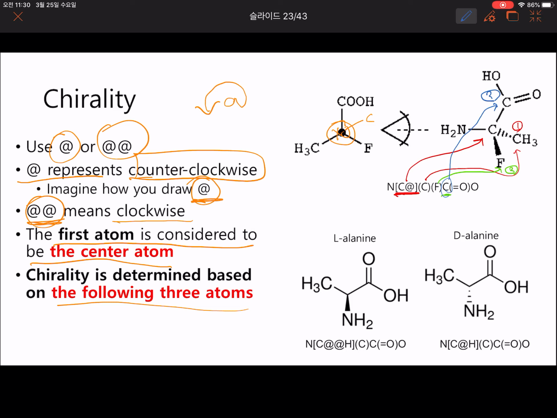So if you look at this molecule from this direction, then this one becomes number 1, number 2, and number 3. Then it rotates like this, right? This is counterclockwise. So that's why this carbon becomes counterclockwise. And two at symbols mean clockwise. So think about these examples, okay?